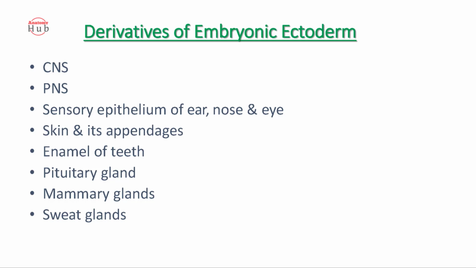Ectoderm mainly gives rise to the central nervous system, peripheral nervous system, the sensory epithelium of the nose, eye, ear, the epidermis of the skin, and its appendages such as hair and glands, mainly the sebaceous and sweat glands, the mammary gland, pituitary gland, and enamel of teeth that develops from this ectoderm.